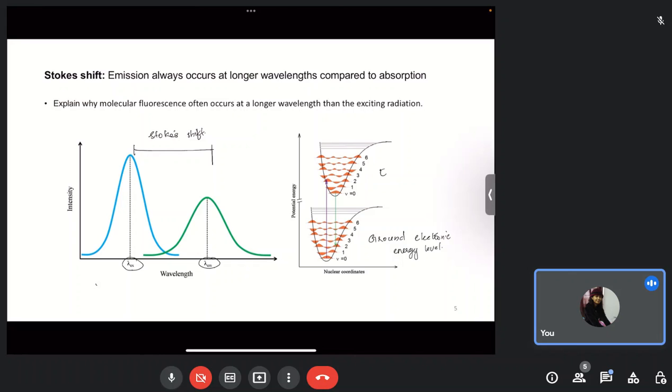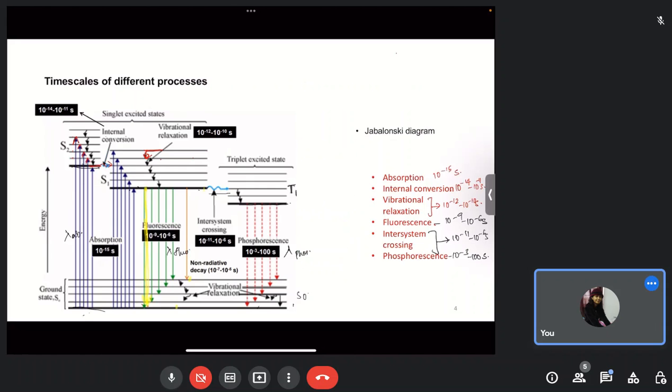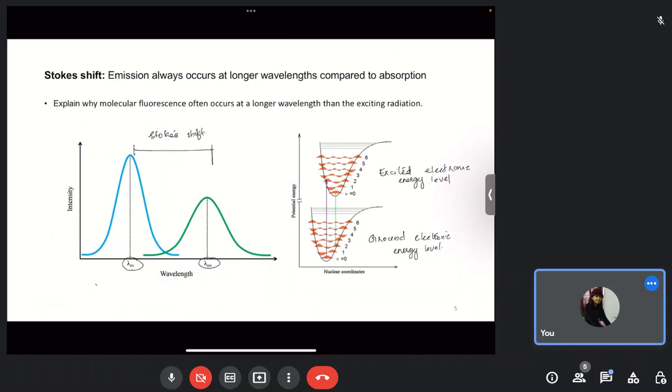This is the excited electronic energy level. So whatever I had shown in the previous slide, basically S0 is coming here and S1 is coming here.